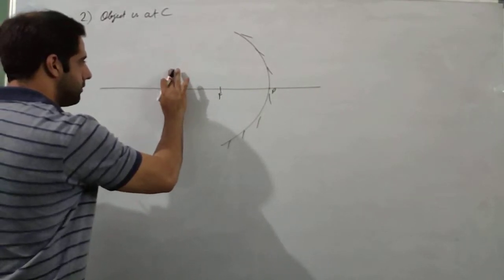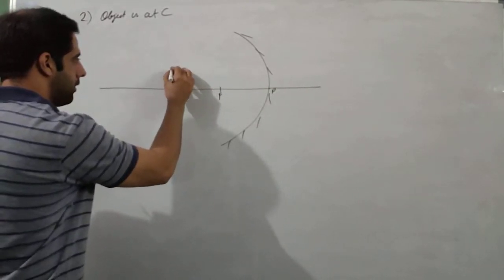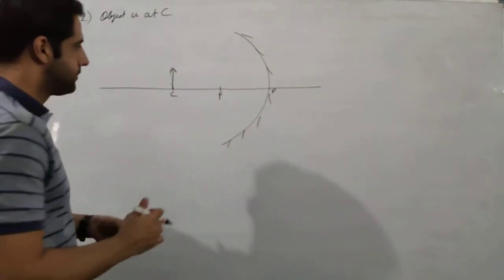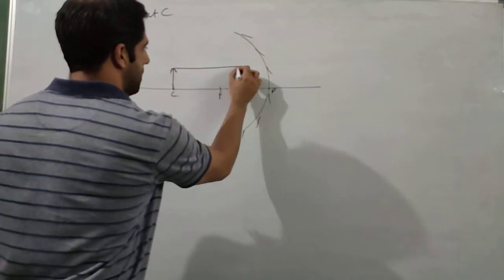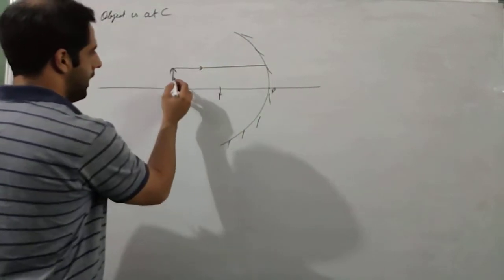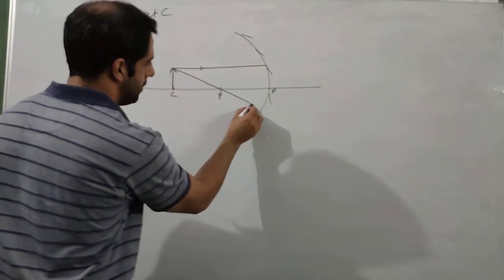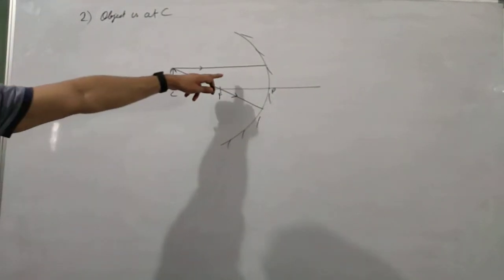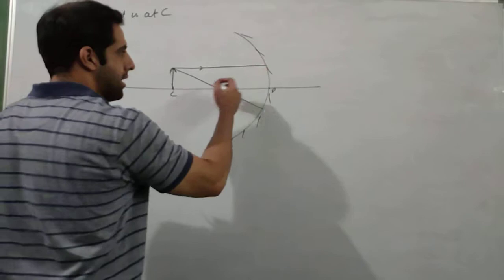This is my object at C. Again, take 2 rays, one parallel to the principal axis and another passing through the focus. These are 2 incident rays. This ray, when reflected, will pass through the focus.